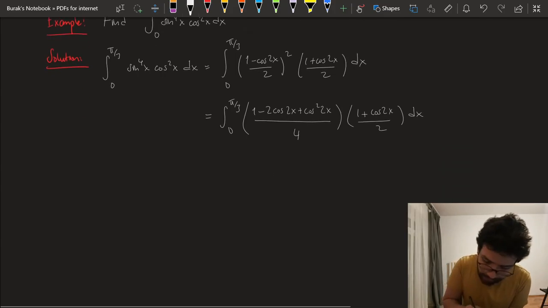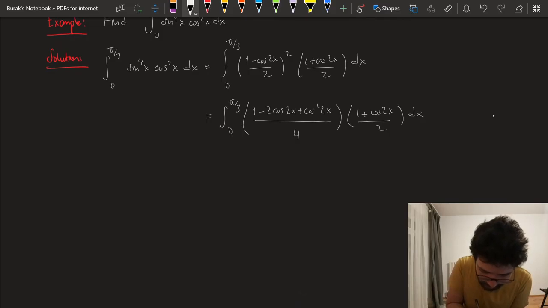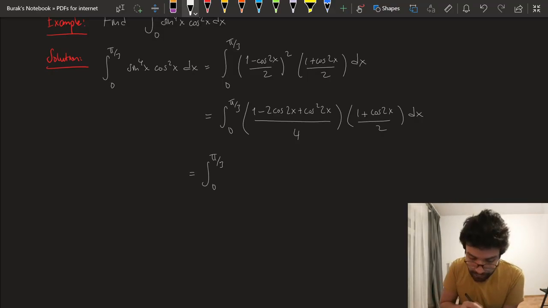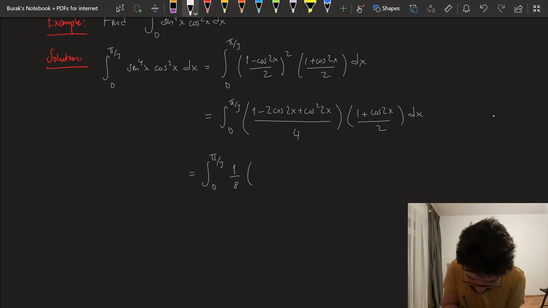Now I'm not going to finish solving this. I'm going to show you what will happen if I expand this. So let's multiply these out.